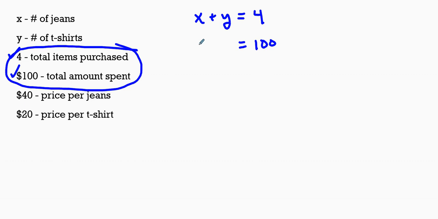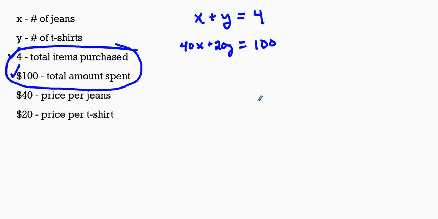However many jeans he got, that was $40 for every pair toward that total of 100. And then however many t-shirts he got, that was $20 per t-shirt toward that total of 100.